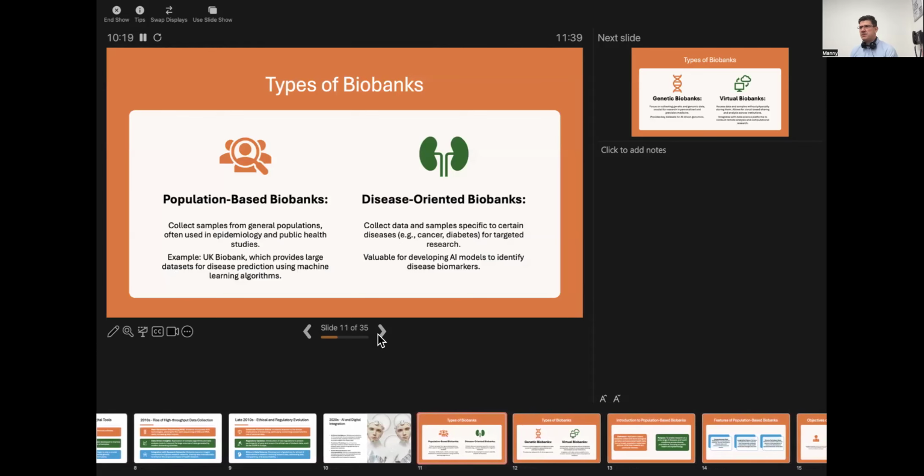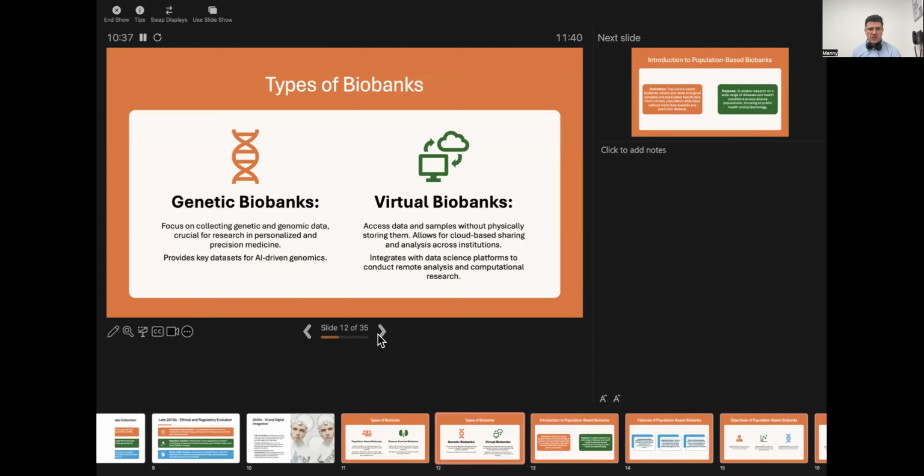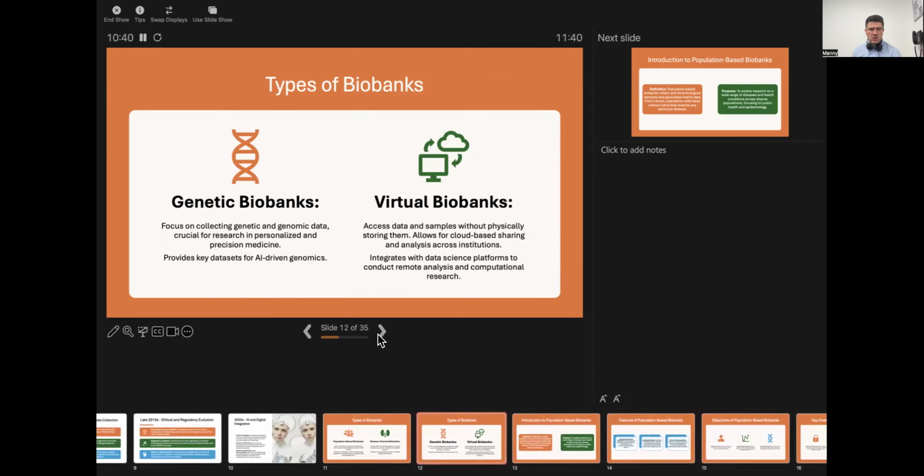So there are different types of biobanks. We have population-based biobanks, like the UK Biobank. There's also disease-oriented biobanks, like for instance, biobanks on cancer, diabetes, for targeted research. There's genetic biobanks, whose focus is on genetic and genomic data. What's the difference between genetics and genomics?